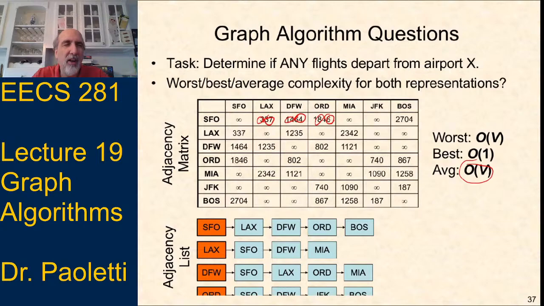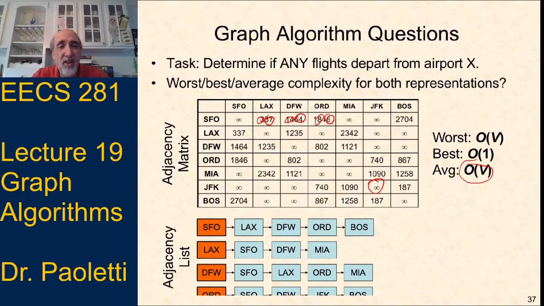But if there's some infinities, not a lot, but some, like we look at the JFK row, it's only half infinities. One of them has to be infinity because it's a simple graph. Of the other 6, half of them are infinity, half are not, and they just happen to be first. So you could argue about this O of V here being, hey, maybe it should be closer to O of 1.